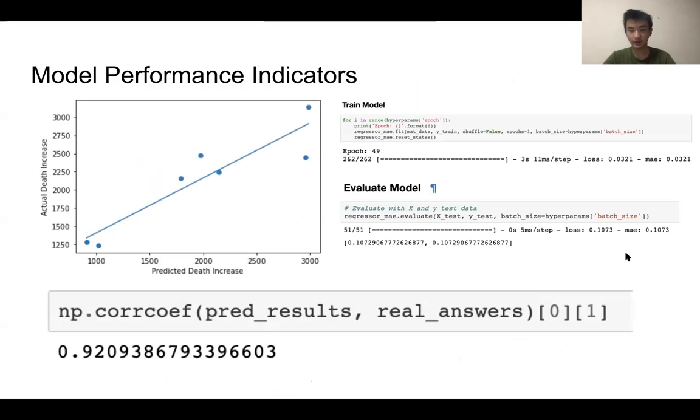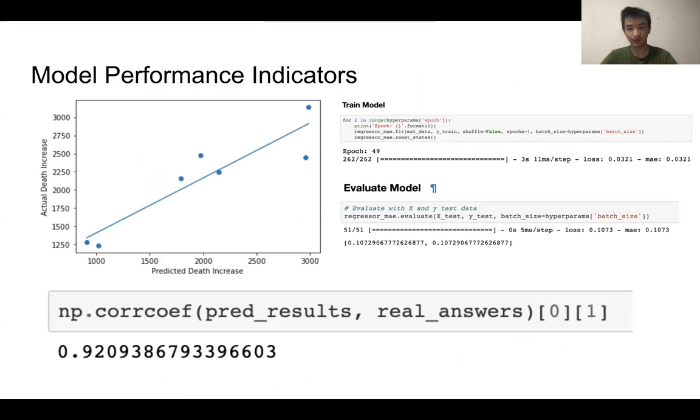So, model performance indicators. The graph and the correlation we already talked about, but for the training model I ran for 50 epochs, and I used MAE as the loss metric. You can see that the loss was really, really low, which is really good.